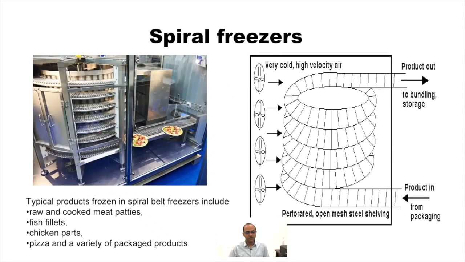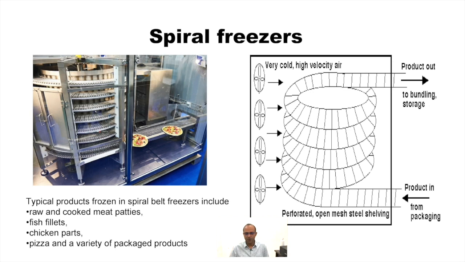Another category of freezer is called the spiral freezer. It ensures a compact environment for freezing, wherein a very small space is required. The products are taken on a spiral bed and fed in a spiral fashion, and cold air is blown over the product with a very high velocity.